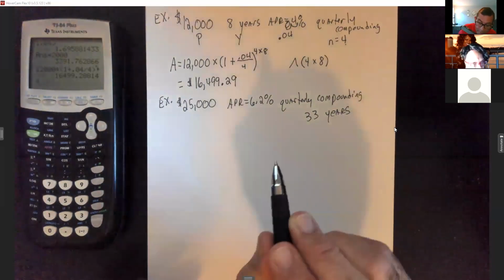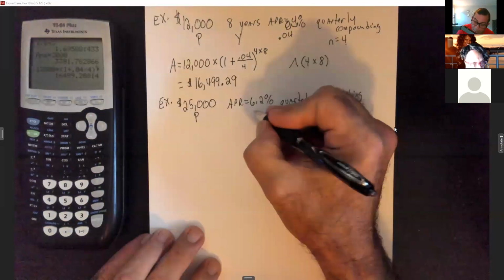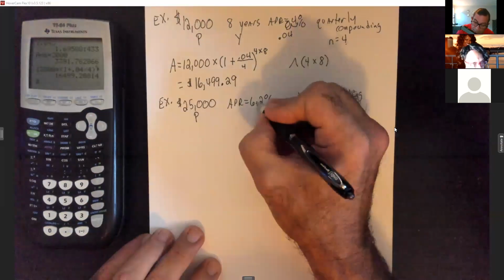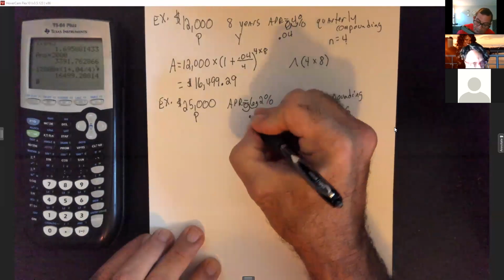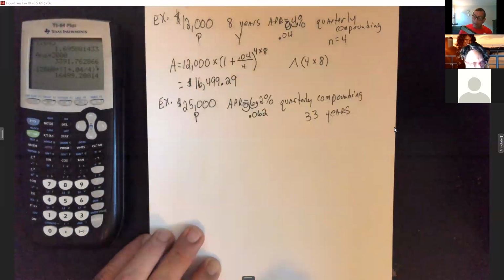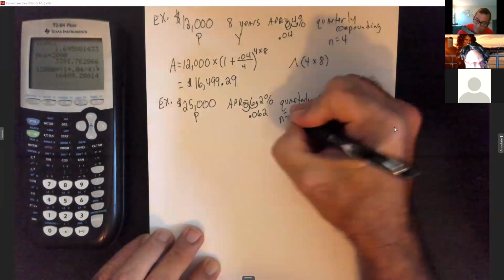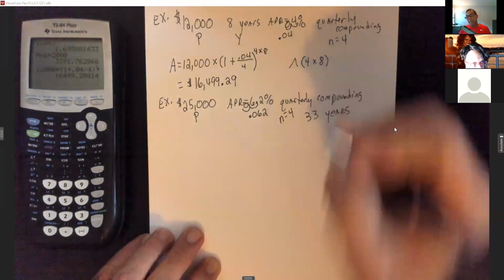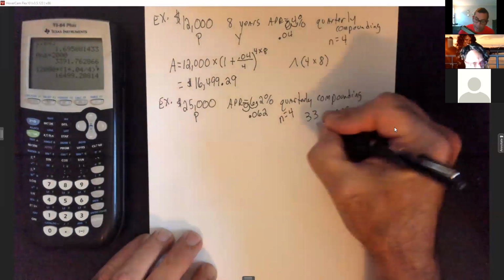So here's my P, my starting amount. APR, I'm going to have to move this decimal left twice, so I'm going to add a 0. So that's going to be 0.062. Quarterly compounding, what's that mean? N equals 4 again. And then 33 years is my Y. All right, so here we go.